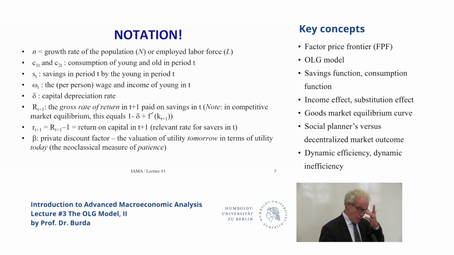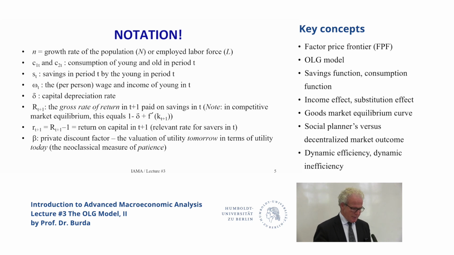The notation I went through already, just to remind you: little n, the growth rate of the population, is an important driver in this model. There are always new people coming on board, and there are always people leaving, and if the net effect of growth is n per period, we're going to have successive generations of larger size by a factor of 1 plus little n.